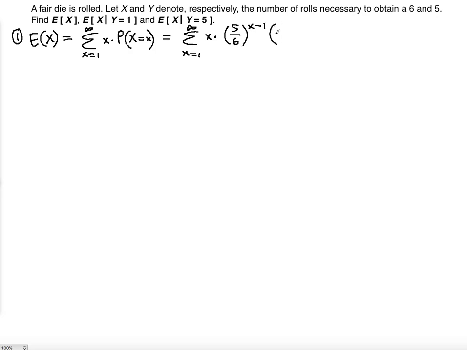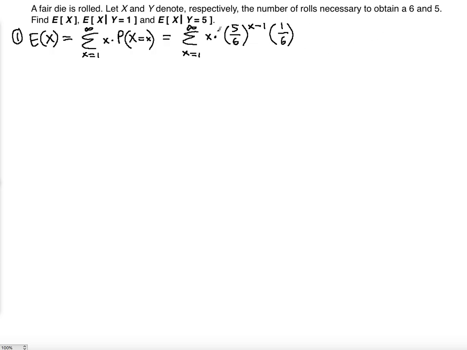And then the last trial, which will be the first success, has probability 1/6. That's when you first see the 6 being rolled, because random variable X represents the number of rolls necessary to obtain a 6.